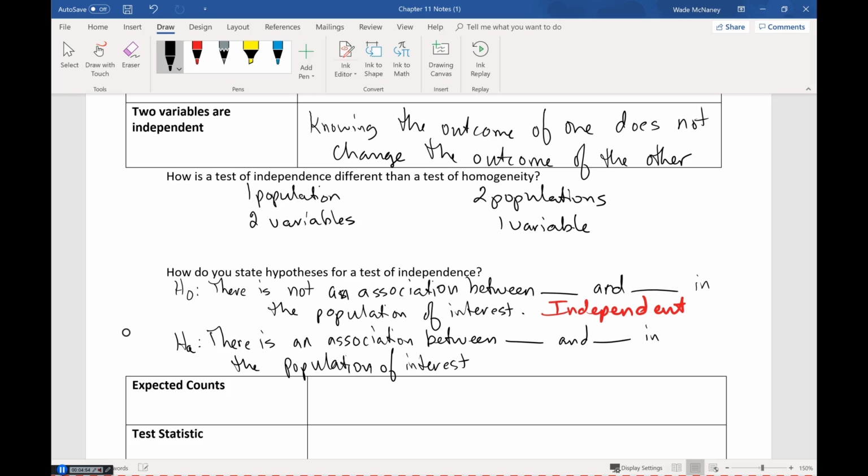In other words, they are not independent.